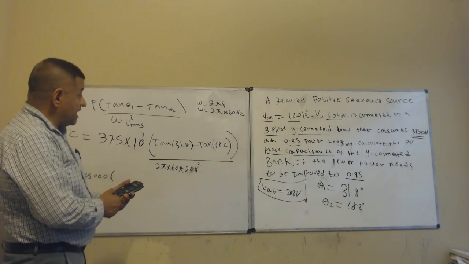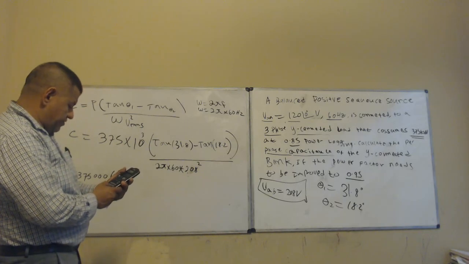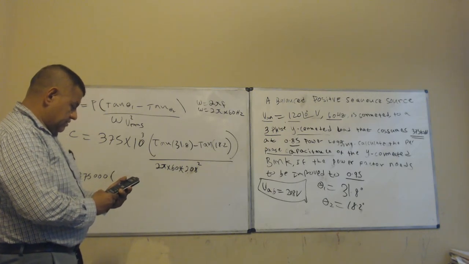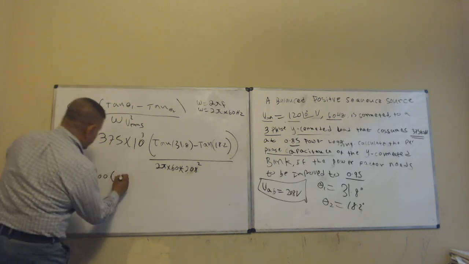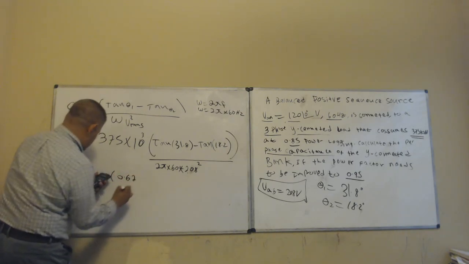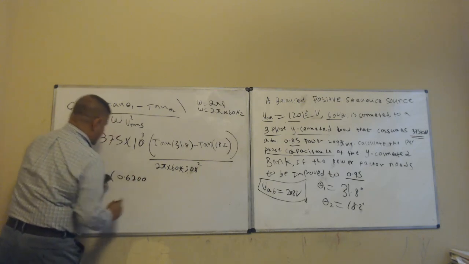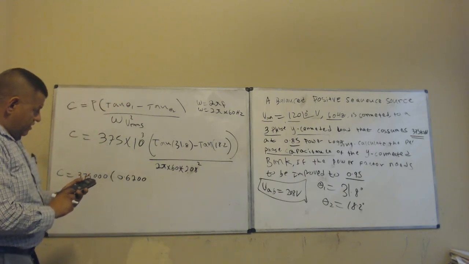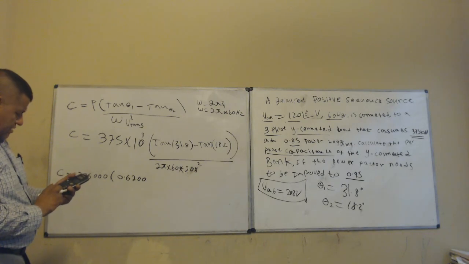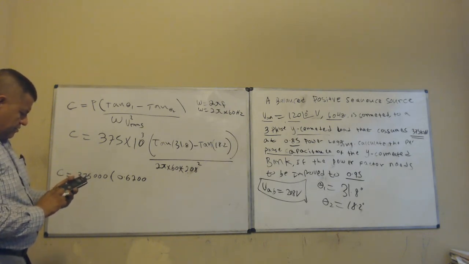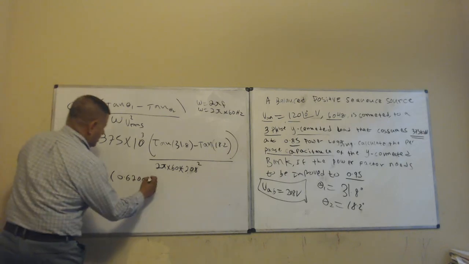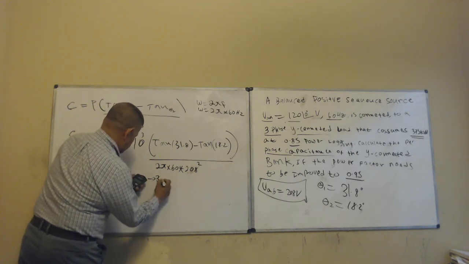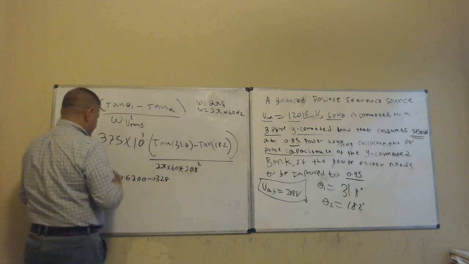Tangent of 31.8 is 0.62. So this guy right here is 0.6200, then minus that guy. So then tangent of 18.2 is 0.328.